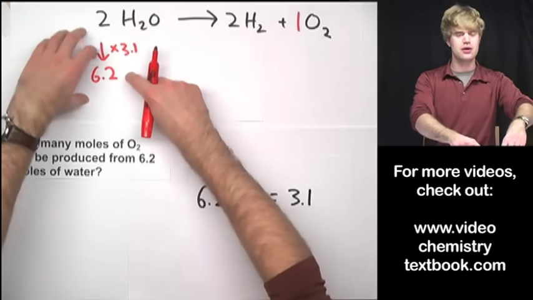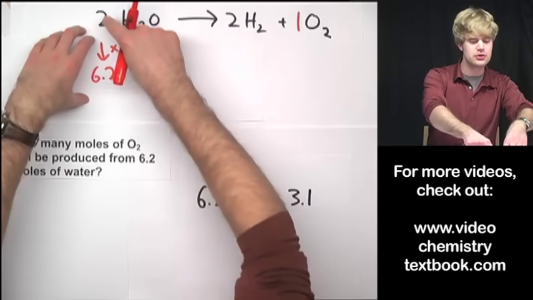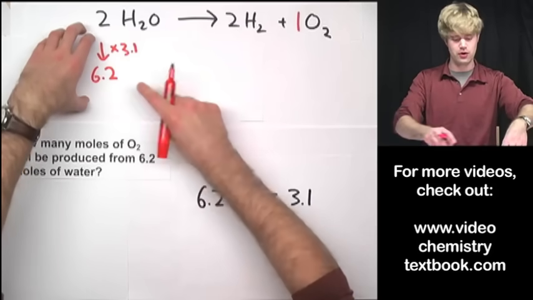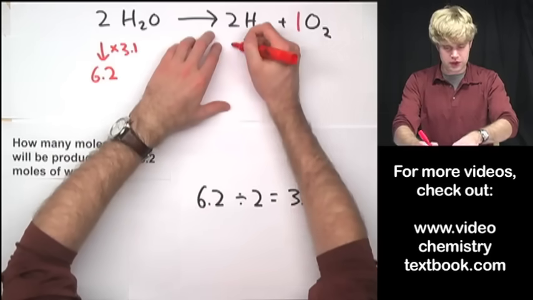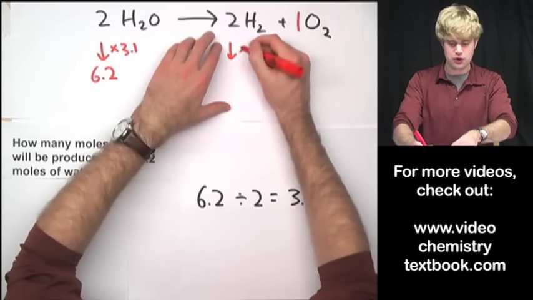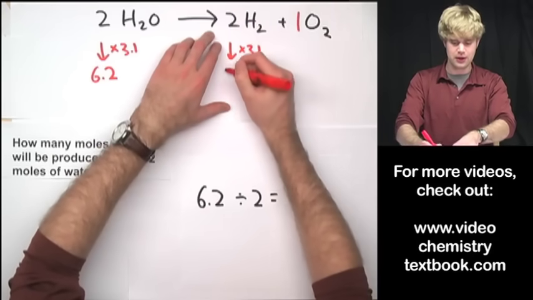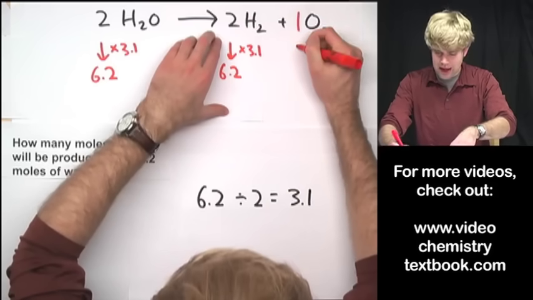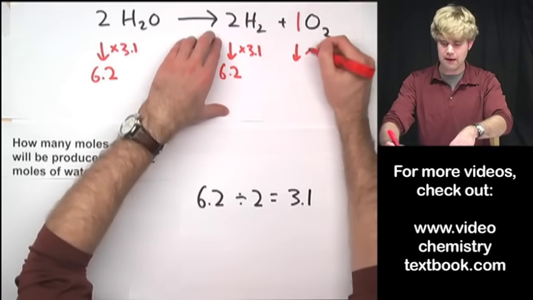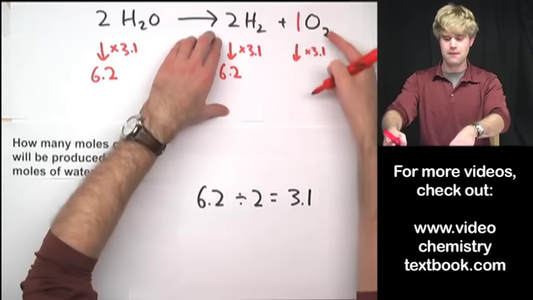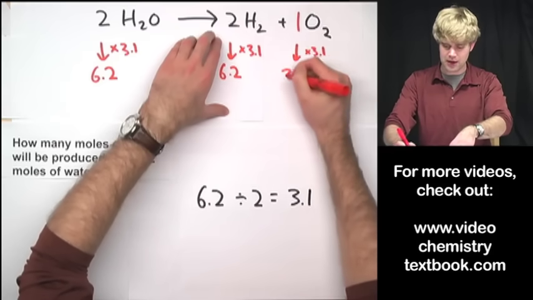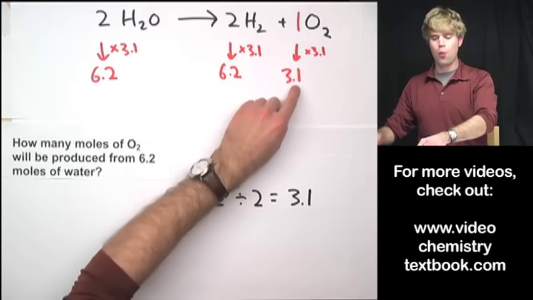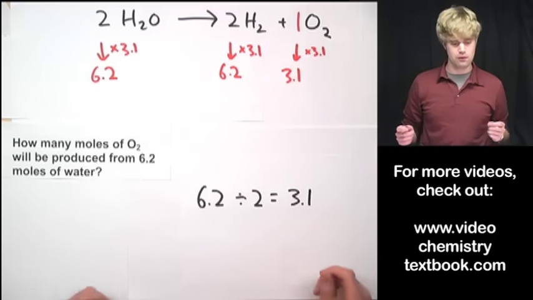and now we get 6.2 moles of this. So now we're starting with 6.2 instead of 2. We multiply this by 3.1. Now we'll also want to multiply the number of H2 times 3.1. So now we're getting 6.2 moles of H2. And we'll take this number, which is 1, times 3.1, and we get 3.1 moles of O2.